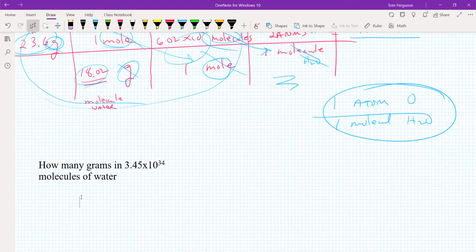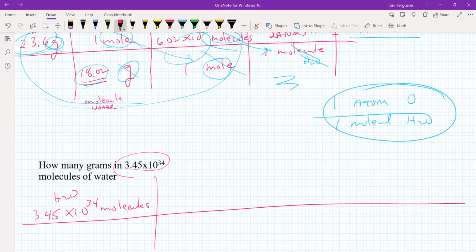It's very similar to the previous problems. Is there a chemical reaction going on here? No, so skip that. What's given? Look for the number. Okay, 3.45 times 10 to the 34 molecules of water. We're trying to calculate grams over here.